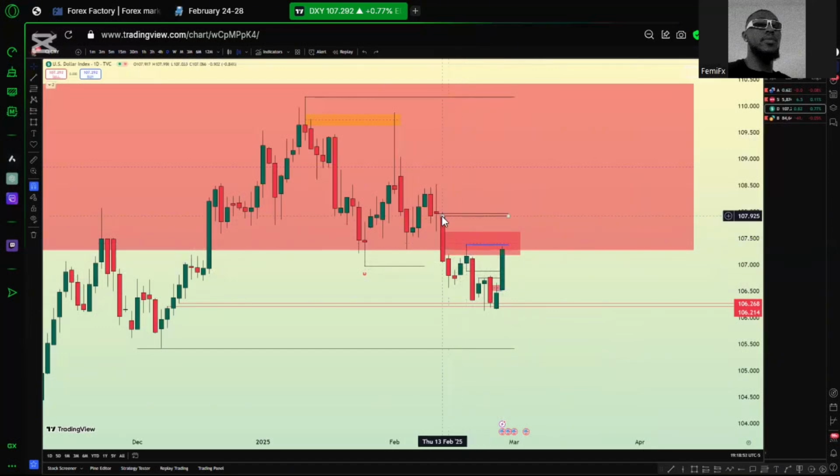We're not saying it's going to get here, at least not just yet, but filling this imbalance, taking out this high, trading potentially to this level, because this imbalance, marking it out, if you eyeball it, 50% of that is the consequent encroachment. I'm going to write that now.